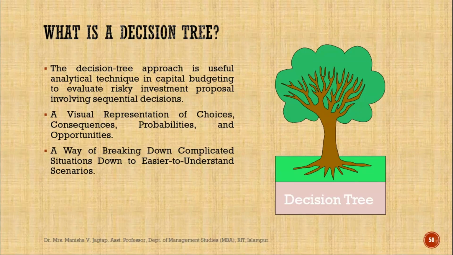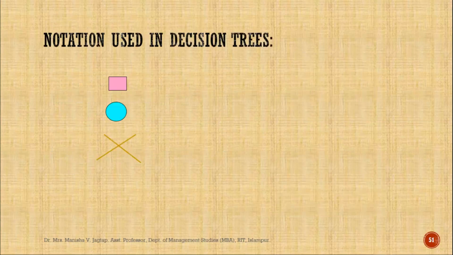It shows the magnitude, probability, and interrelationship of all possible outcomes of an investment proposal. In a nutshell, a decision tree is a graphic display of the relationship between a present decision and future events, future decisions, and their consequences. Next is, there are some notations used in decision tree.